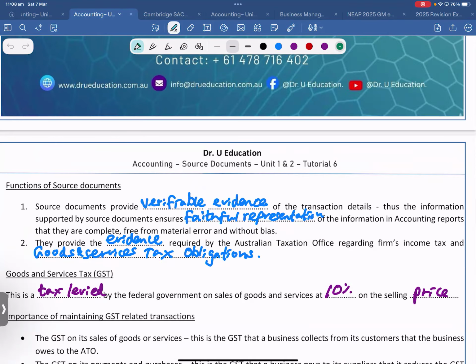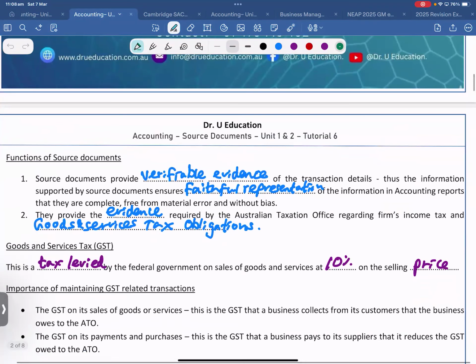So then the other things. Next one. Second one is important for the tax. Mainly, there are two types of taxes. We are going to do taxes in detail in economics in Unit 4. Okay. However, there are two types of taxes.